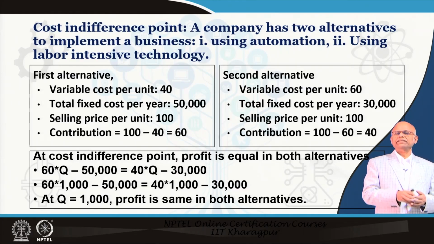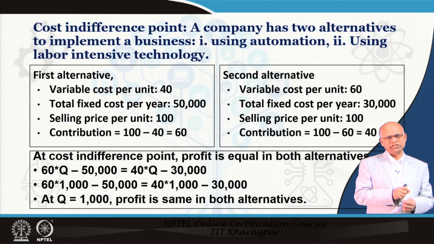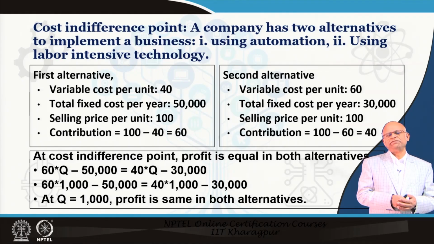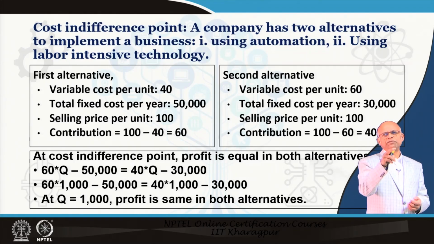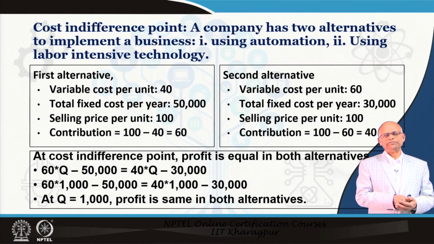So, in the first case, 100 multiplied by Q is the total sales, minus fixed cost of 50,000, minus variable cost. Variable cost is nothing but 40 into Q. So, instead of an equal sign, it should be minus 40 into Q.